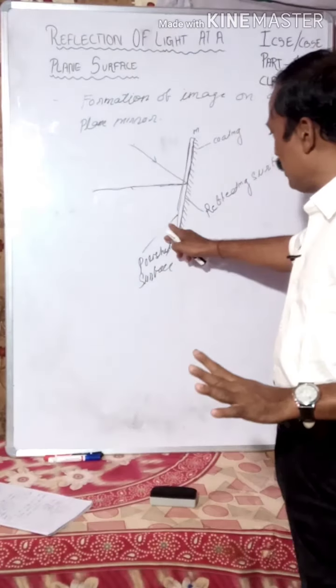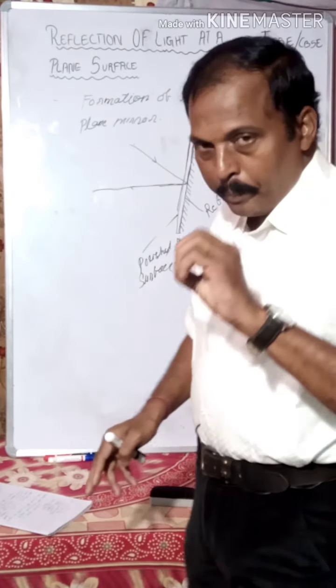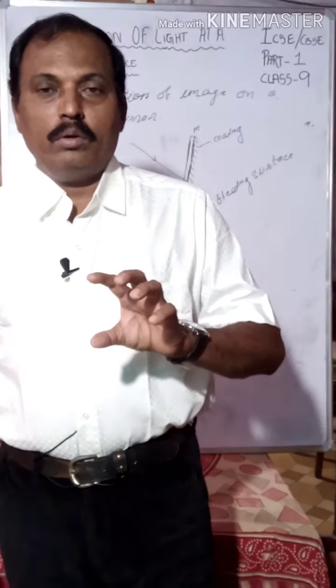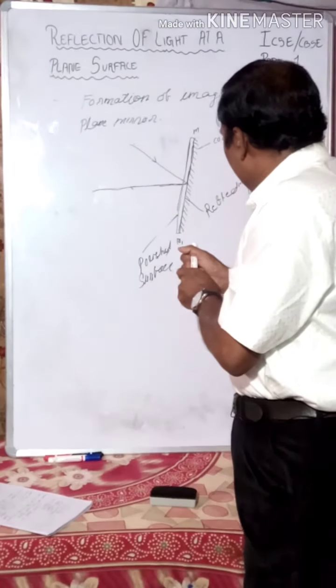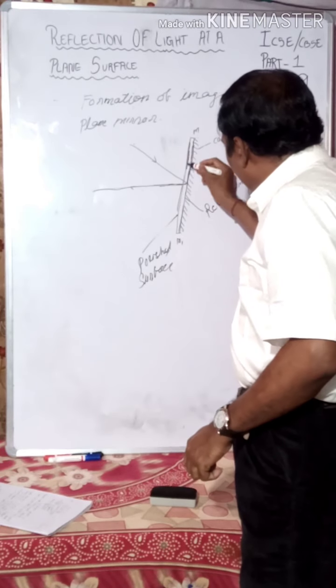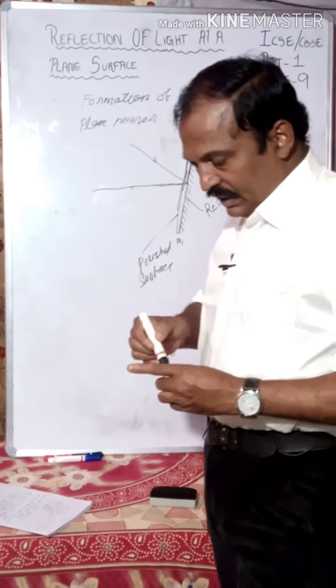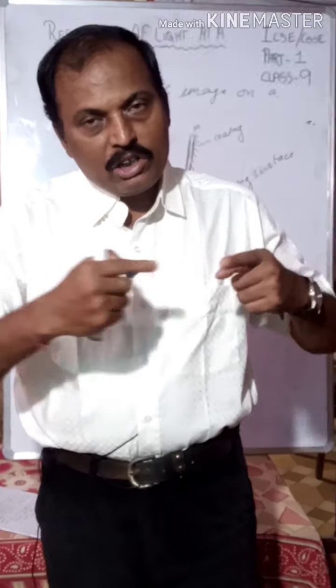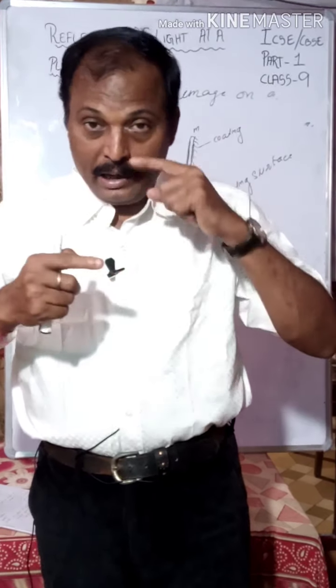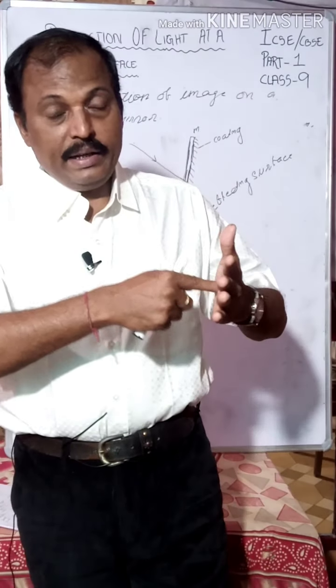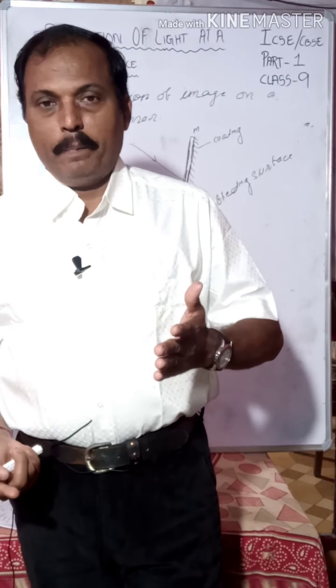When light goes to the mirror, it enters this thin glass, is incident on the silver surface, and then gets reflected.